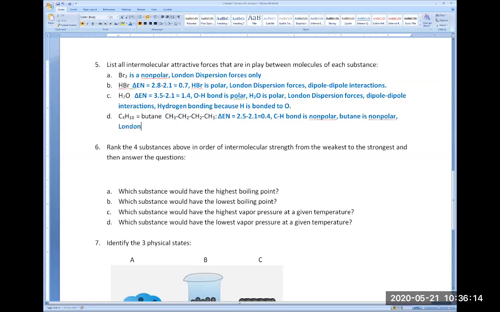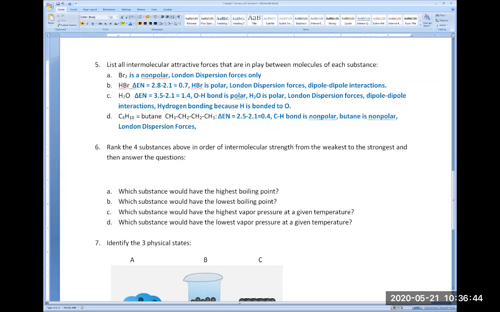So now let's list intermolecular attractive forces. Let's put down London dispersion forces because all molecules experience that. Now let's decide, do we have dipole-dipole interactions? Yes or no? Tell me. No. Do we have hydrogen bonding?